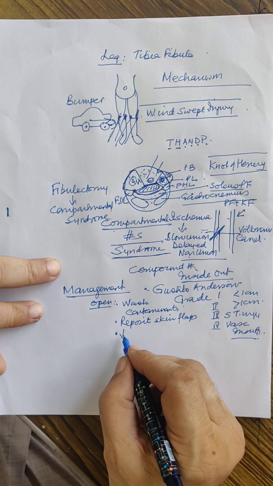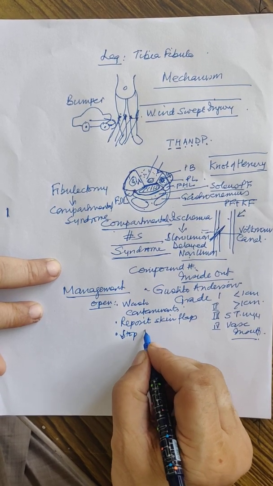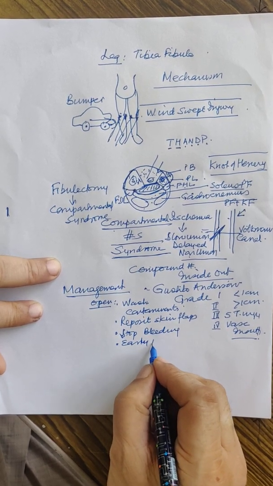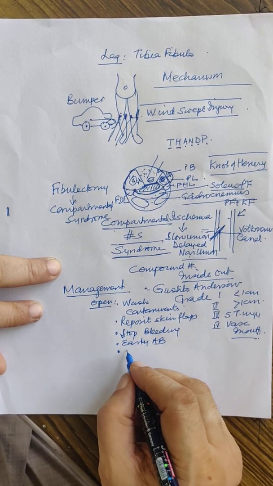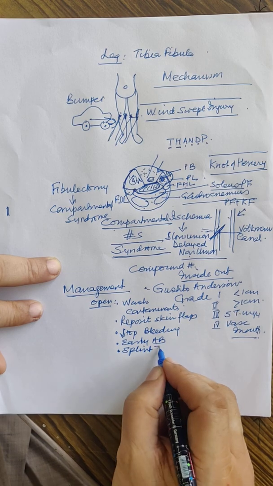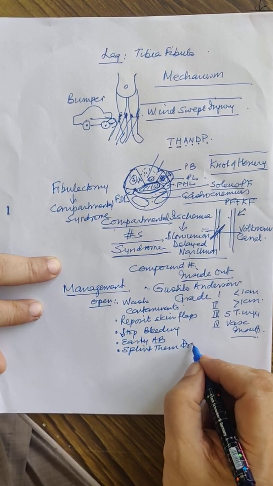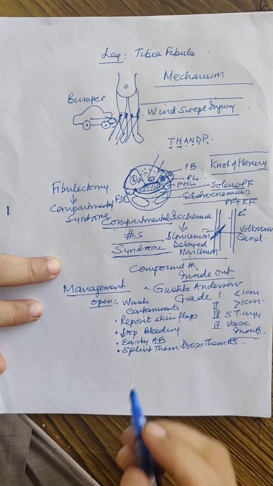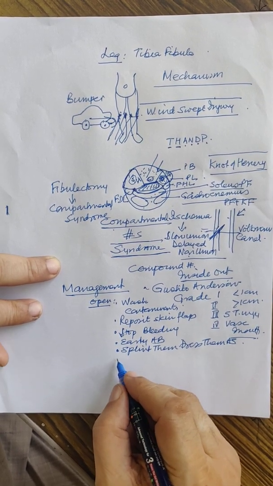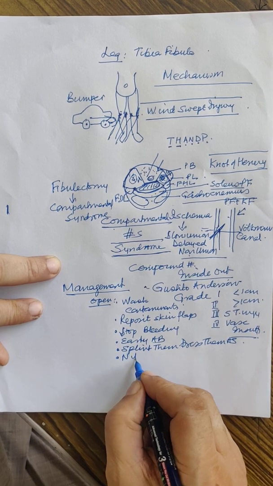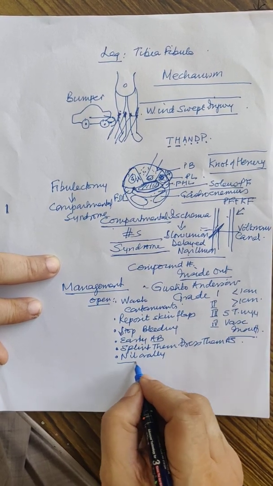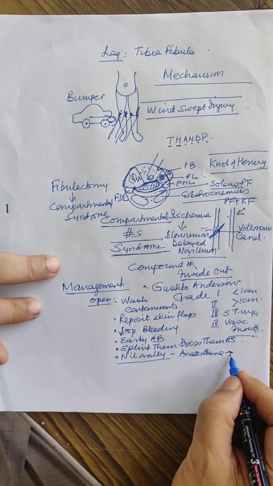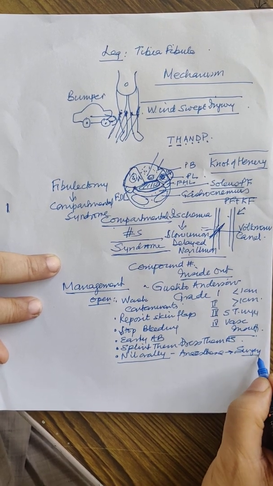You have to stop bleeding, give an early antibiotic, splint them, dress them with an antiseptic, and you have to put them nil orally, because you know that they would need to be prepared for anesthesia, and because surgery may have to be done for the compound fracture.